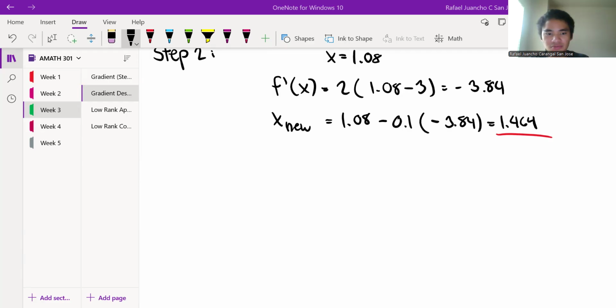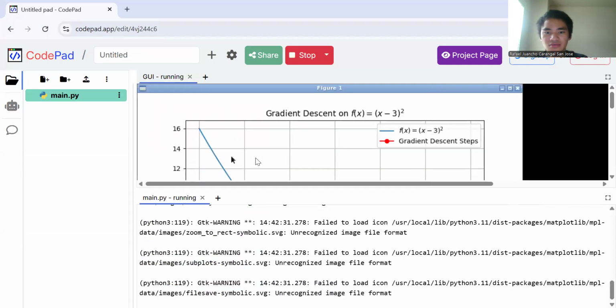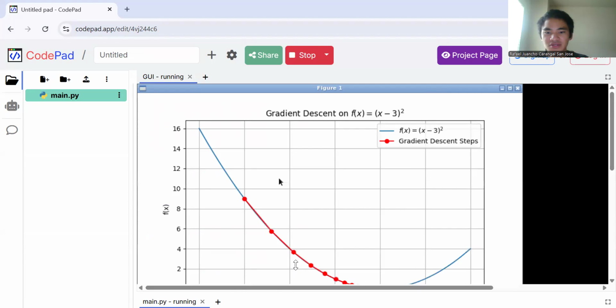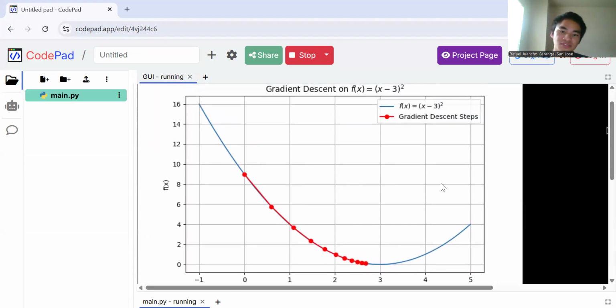Oops. Let me quickly show the plot here. So here, as you can see, that's our function (x minus 3) squared. And there we have it. As we're going down, these red dots, I don't know why I said yellow, these red dots are the number of steps.